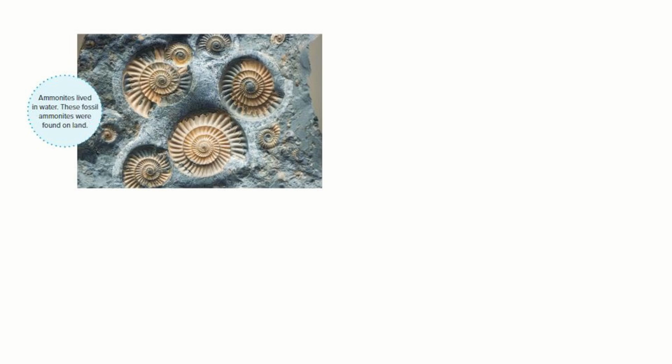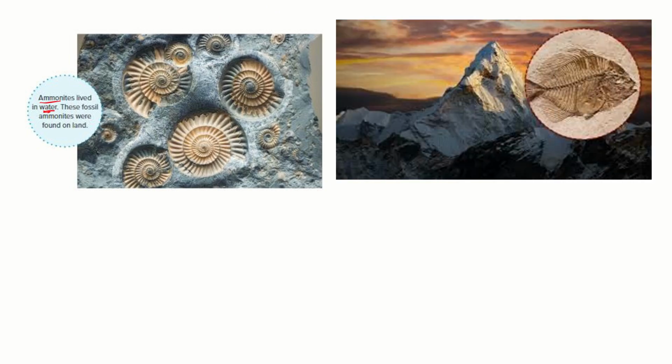So now let's talk about evidence again. These fossils are from something called ammonites, and ammonites used to live in water. Scientists found these ammonites as well as fish fossils on the top of mountains in the Himalayas. We've also found fish fossils and marine fossils on the top of Jebel Hafeet.